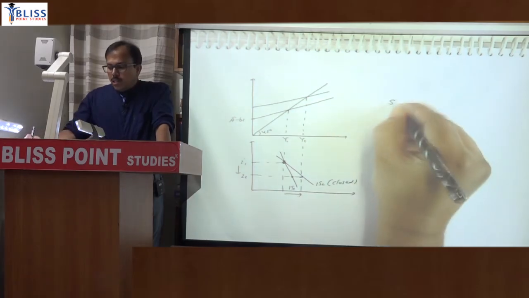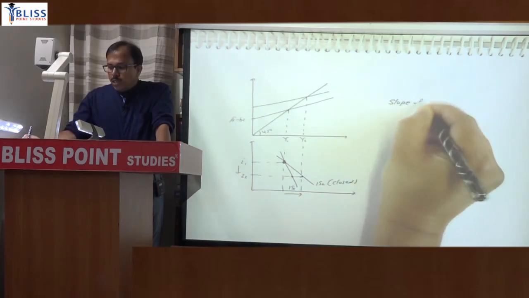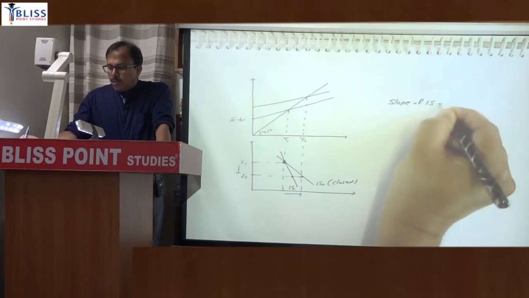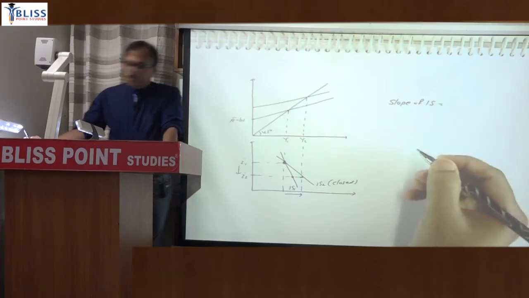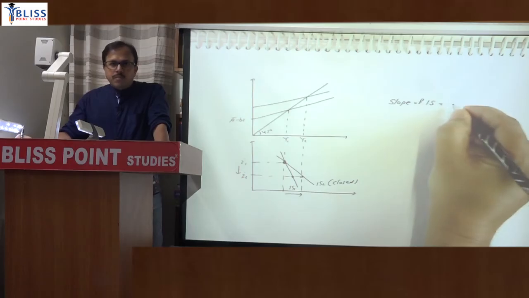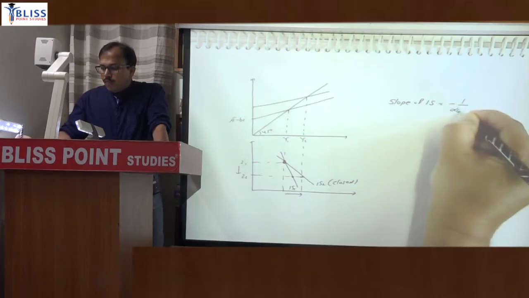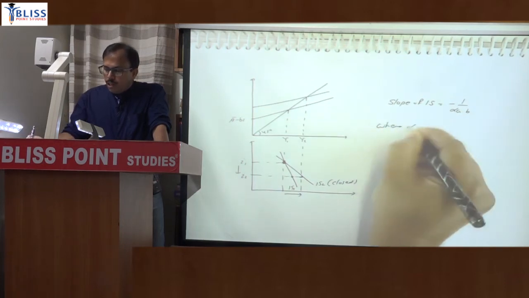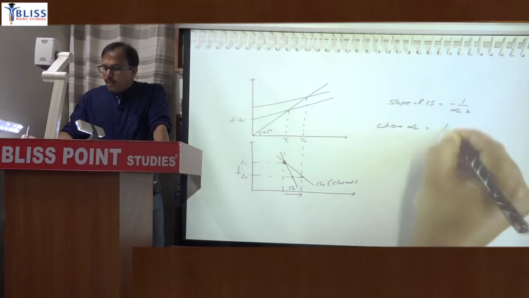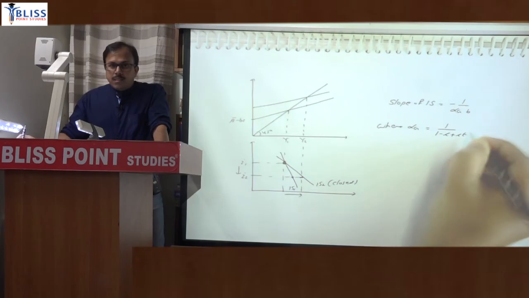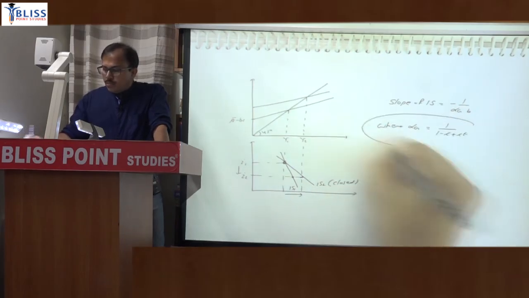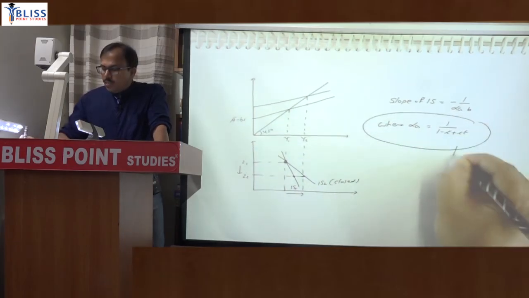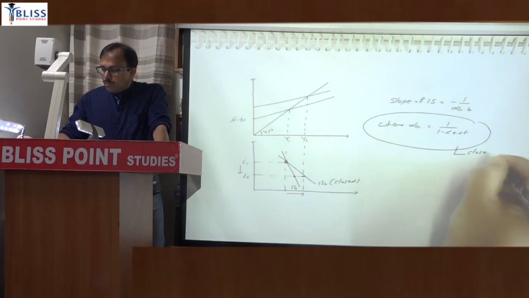Now since we are referring to the slope, you can recall from the macro class what the slope of the IS curve is. The slope of the IS curve, if you can recall, is minus 1 upon alpha g into b, where alpha g was the multiplier, and the multiplier was 1 upon 1 minus c plus ct. When you write this as a multiplier, this refers to a closed economy.